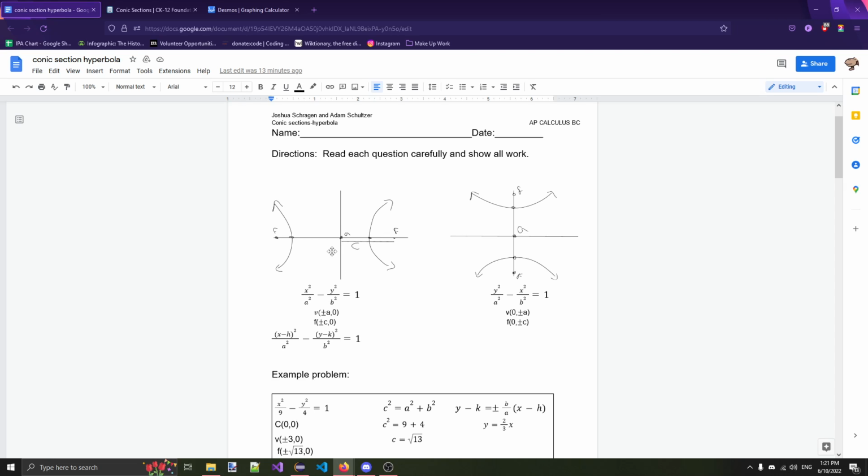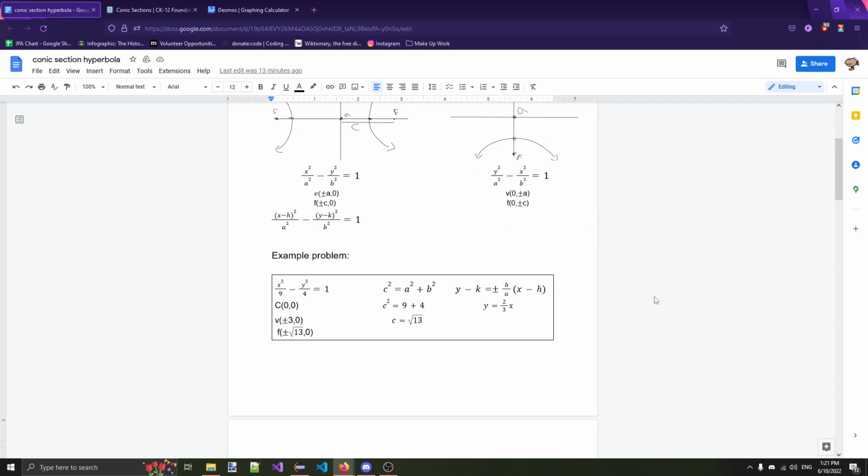So let's do our little example problem. This is all just the stuff I just showed you, the foci and so on. This is our example problem.